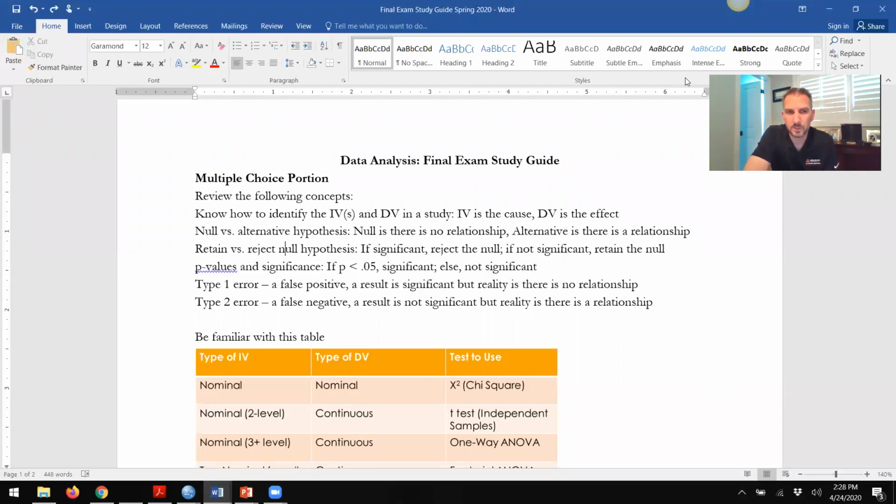I mentioned this in class. The final exam, it's partially comprehensive, right? These ideas, these topics, they build upon each other, and what I want for you is to at least have the basics down very well.